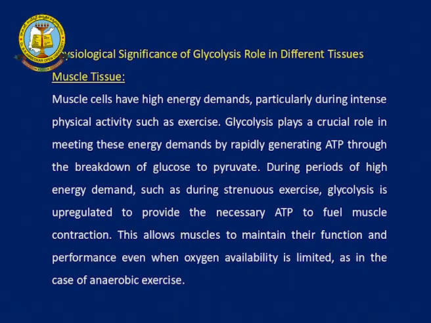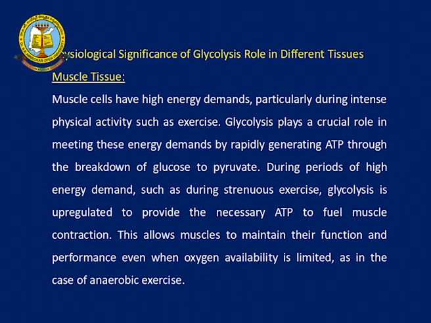Now, we are looking at the muscle cell tissues. Muscle cells have high energy demand, particularly during intensive physical activities such as exercise. Glycolysis plays a crucial role in meeting this energy demand by rapidly generating ATP through the breakdown of glucose to pyruvate.